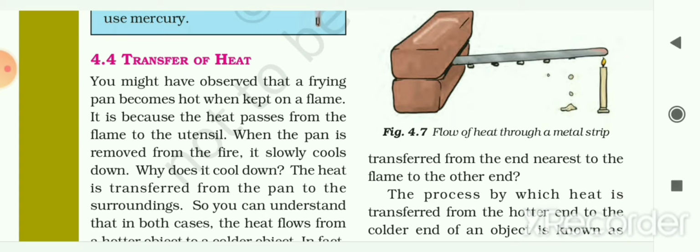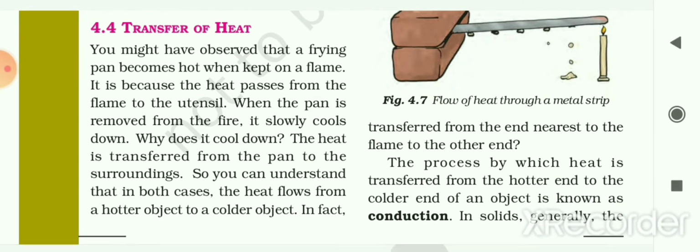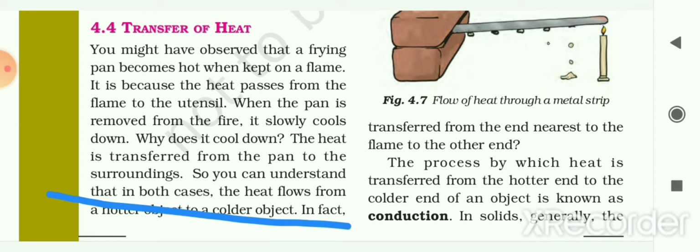So let's start. You might have observed that a frying pan becomes hot when kept on a flame. Why? It is because the heat passes from the flame to that utensil or pan, and when that pan is removed from the fire, it slowly cools down. And why does it cool down?